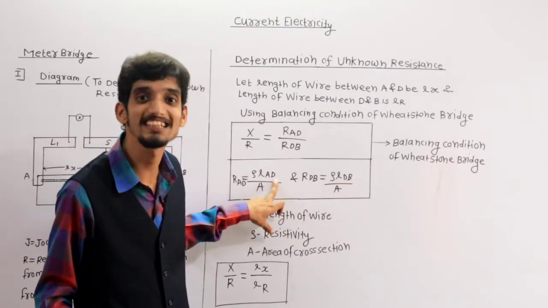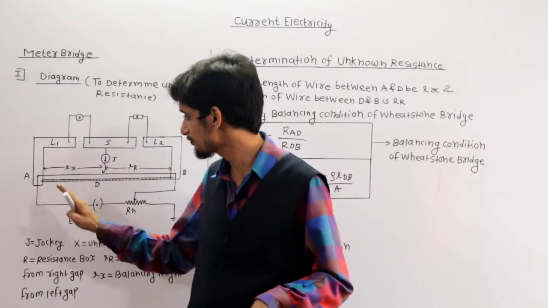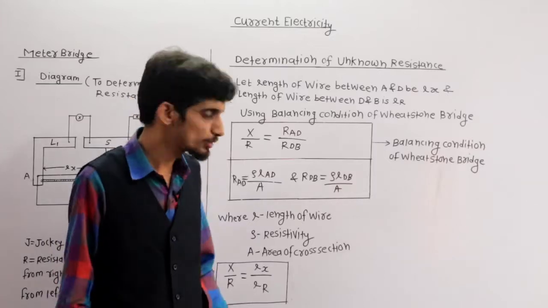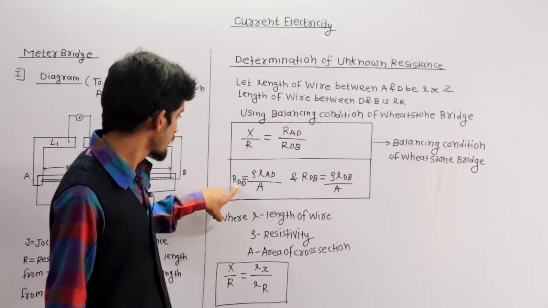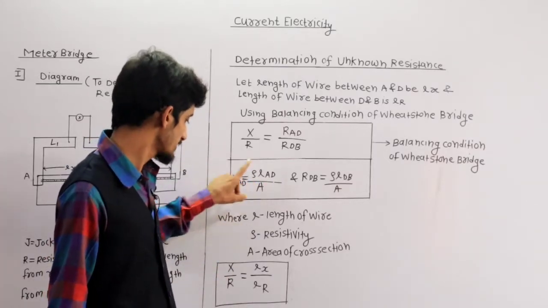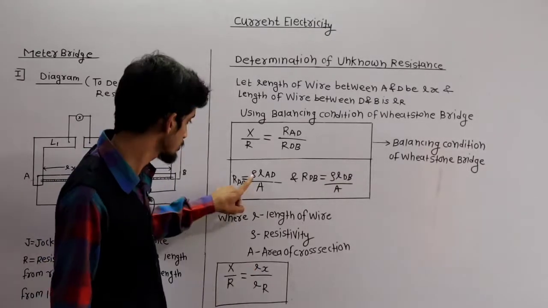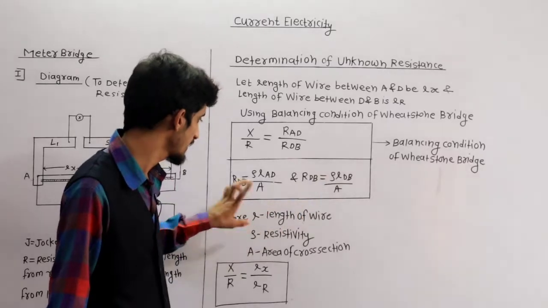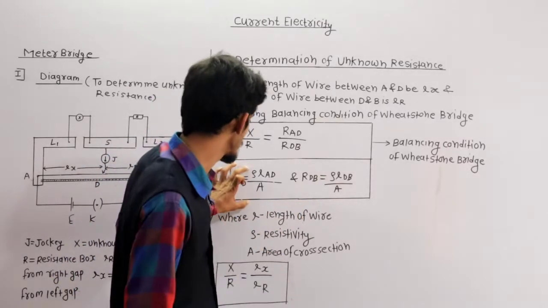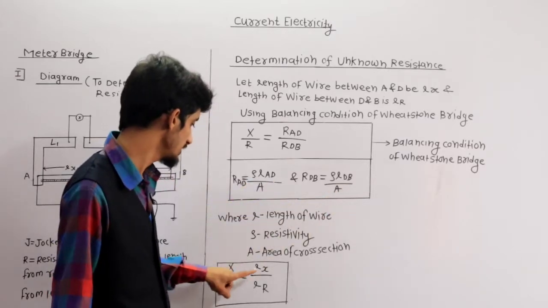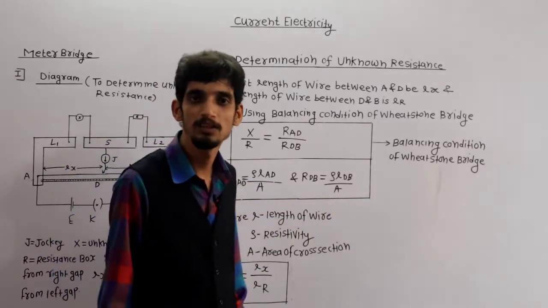Where LAD is actually Lx, the length of the wire between A and D, and LR is the length of the wire between D and B. So if I substitute Lx for LAD, X by R is equal to Lx upon LR. Why? Because rho and rho cancel, and A and A cancel. Taking the ratio, RAD by RDB is LAD by LDB, which is equal to Lx by LR.